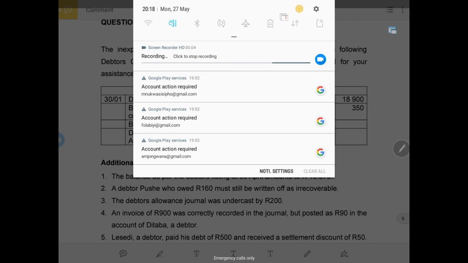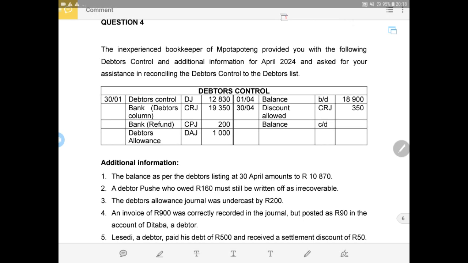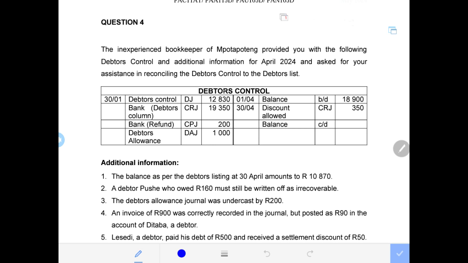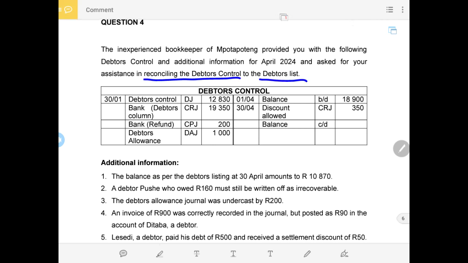Here we are with another recording, and this recording is focusing on the topic of reconciling debtors control to the list of debtors. In other terms, we can call it debtors reconciliation, but not debtors reconciliation statement, but debtors reconciliation.